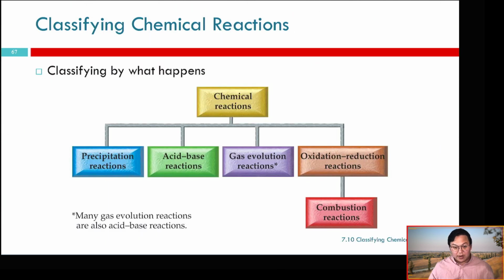So again, right, everything we've done so far in chemistry comes down to these sort of decision trees of trying to classify the things that are happening. So out of chemical reactions, we now have precipitation reactions, acid-base reactions, gas evolution reactions, and as noted here, many gas evolution reactions are also acid-base reactions, but not all of them.